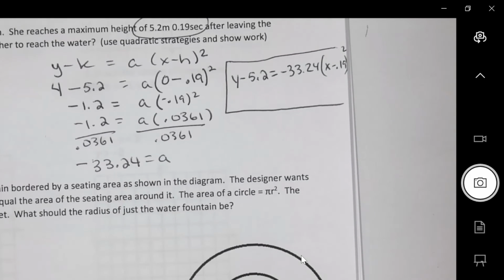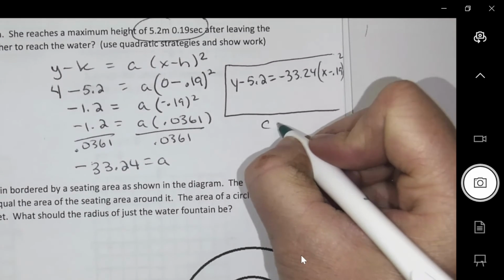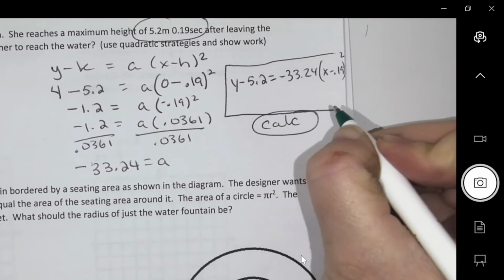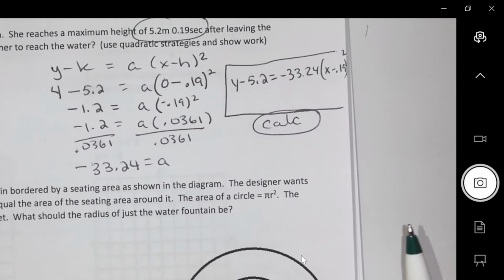Oh, I can't put that into my calculator right now. That's how I would write it, or could write it, but on your calculator you can only type in when it's y equals, not y minus something.